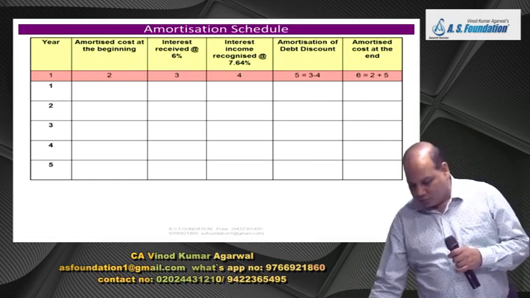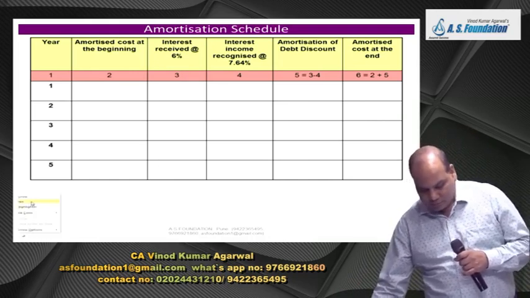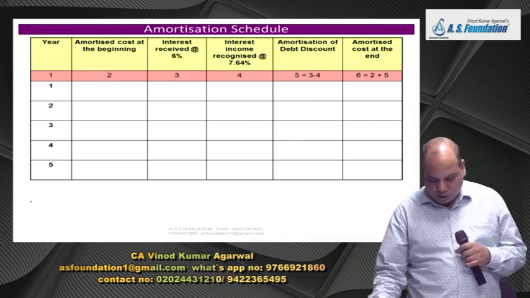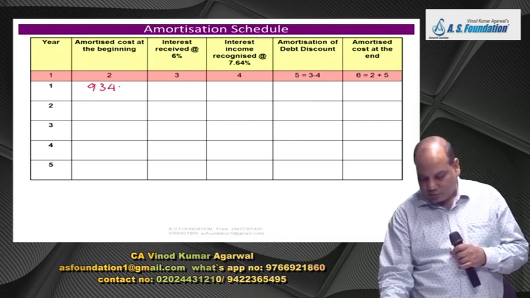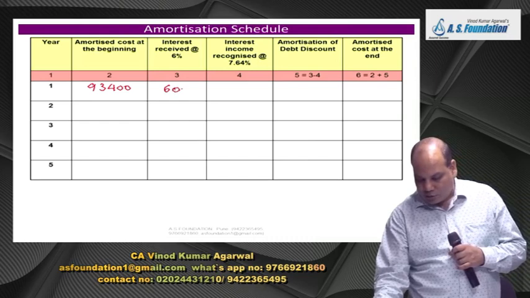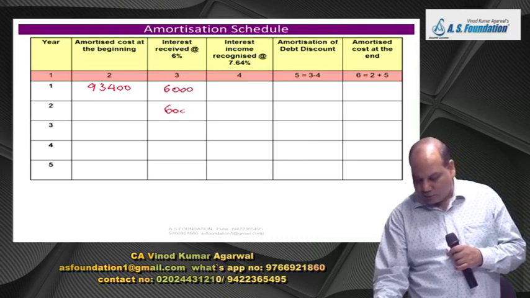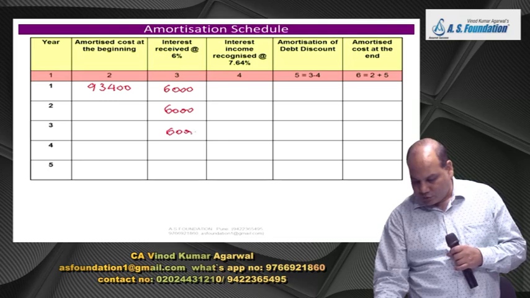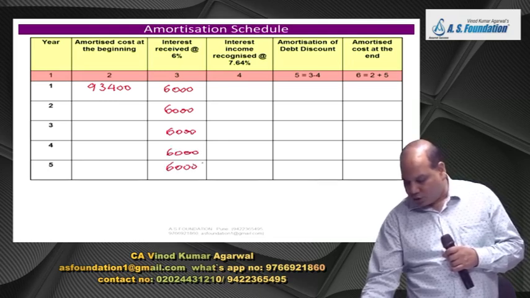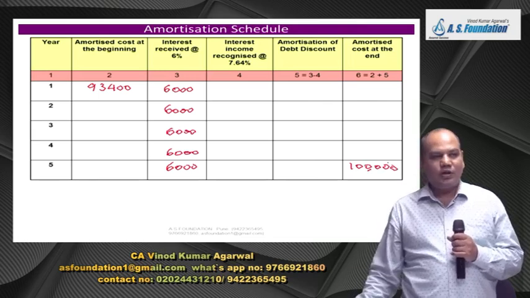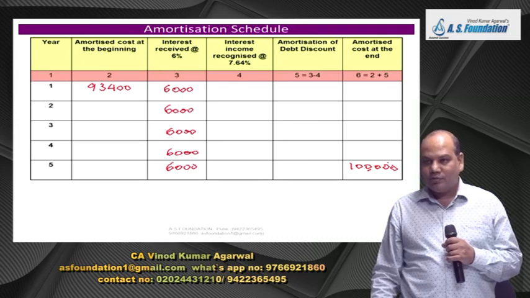Start. What will be the starting number? 93,400. Yes, this is what we invested. Interest you will get as cash flow every year, 6,000. So what should be my closing balance after 5 years? 1 lakh. These are the numbers which we have logged.